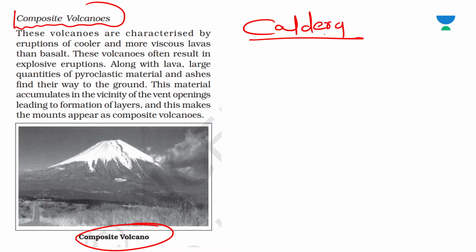the most explosive of the earth's volcanoes. They are usually so explosive that when they erupt, they tend to collapse on themselves rather than building any tall structure. The collapsed depressions are called calderas.